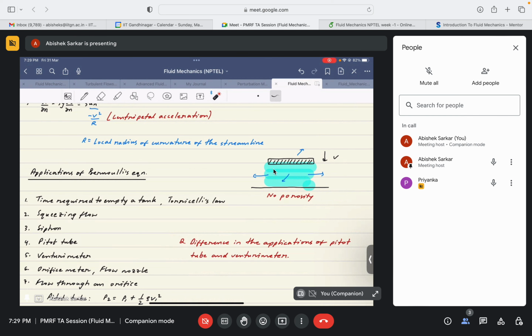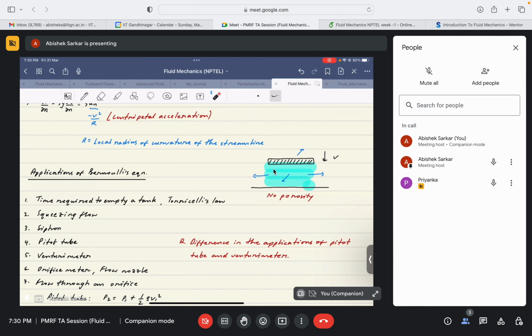What we get is the stagnation pressure and the static pressure, but the main use of this pitot tube is to measure the velocity of the flow. Sir would definitely have mentioned that we use the pitot tube to measure the velocity of the flow, and we use the venturi meter to measure the flow rate.